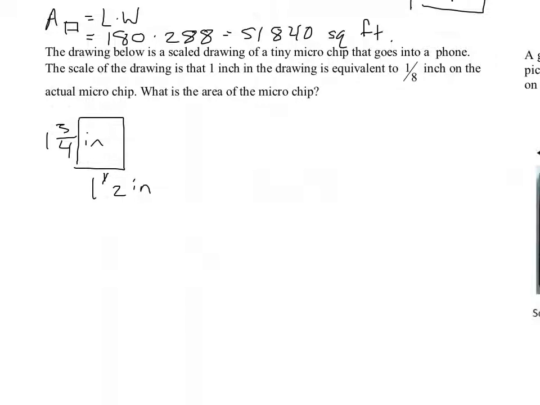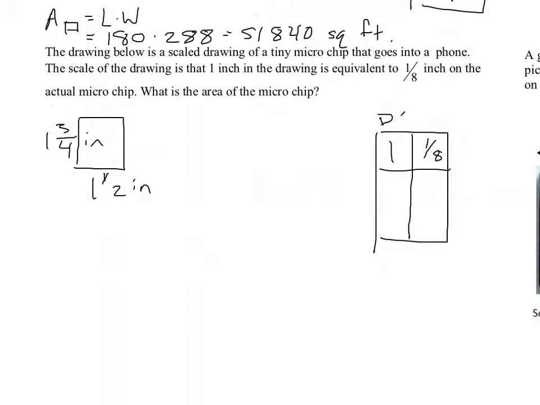Alright, so we're looking at this. Now this is where we have to be really careful because I think a lot of us have just gotten into the point. This is a reduction, okay? We're going from a drawing that is 1 inch to an actual that is 1/8 of an inch. So we're actually making this smaller, which means we would expect our constant of proportionality to be less than 1.